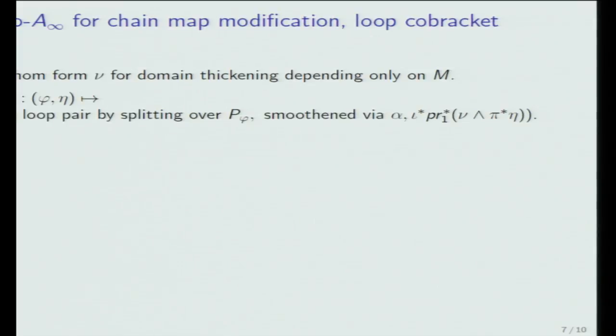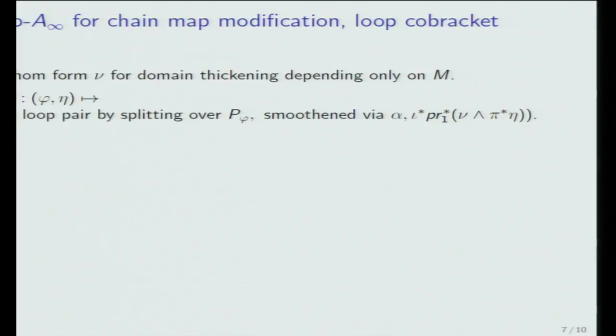Then you have the closure of the preimage of the interior evaluation of the diagonal, which I denote as P phi. Over there, you can split the loop open. And because the loop might not be smooth over the cut point, which is the new base point, you can also smooth it via this same alpha.